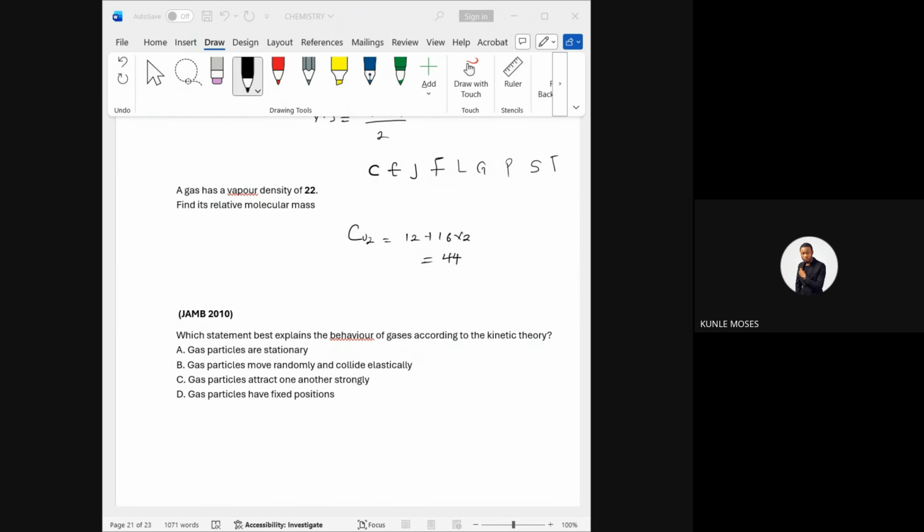Can you guys hear me now? Okay, so I'm asking, who can tell us the answer for the question there? The answer is B. Yes, gas particles move randomly and they collide elastically. Confidence, do you get that? I gave you all these notes. I gave you the properties of gas, solid, and liquid.